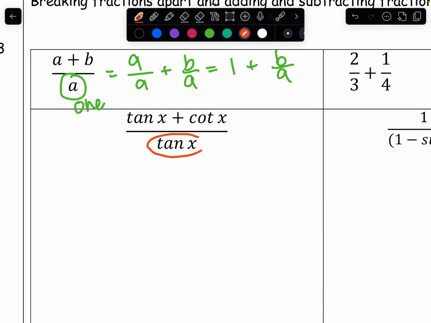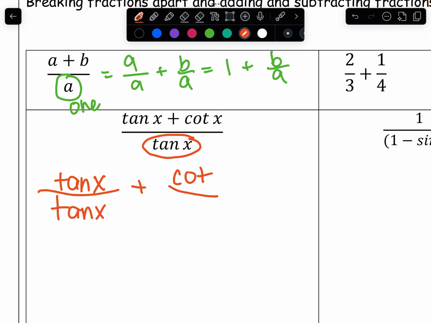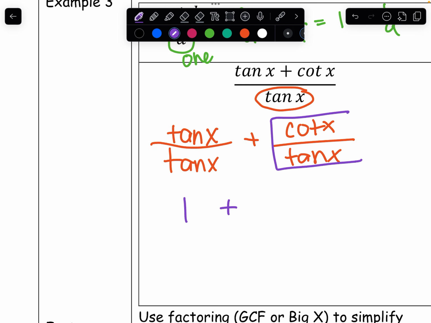Again, we have one term on the bottom, so we can write it as tangent of x over tangent of x plus cotangent x over tangent of x. And we get 1 plus, I'm going to do some scratch work for this over here. So we have cotangent of x divided by tangent of x.